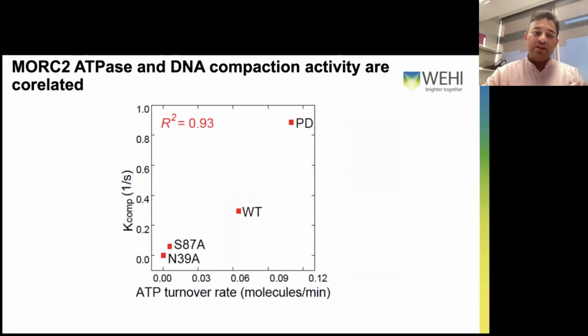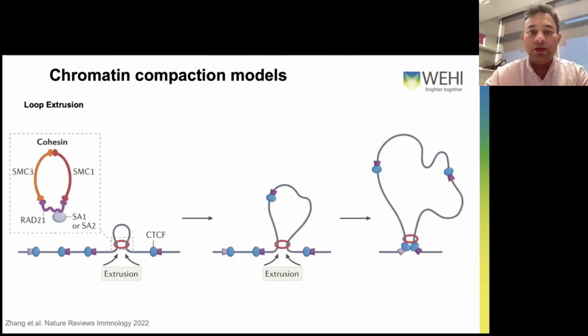And if you map this DNA compaction activity with the ATPase activity, there seems to be a very strong correlation between how fast it hydrolyzes ATP and how fast it compacts the DNA. We then wanted to understand how exactly that compaction happens.